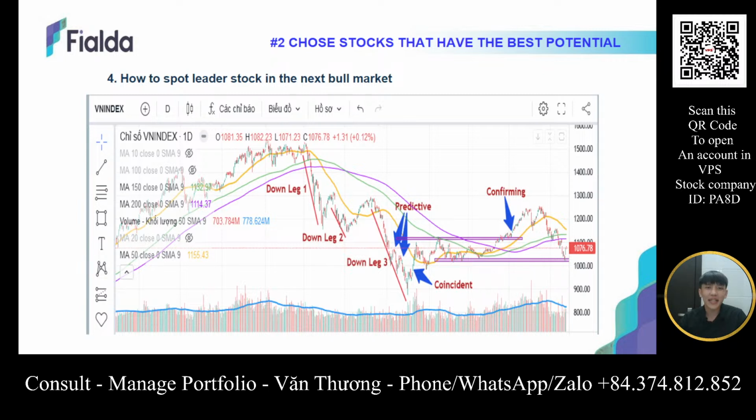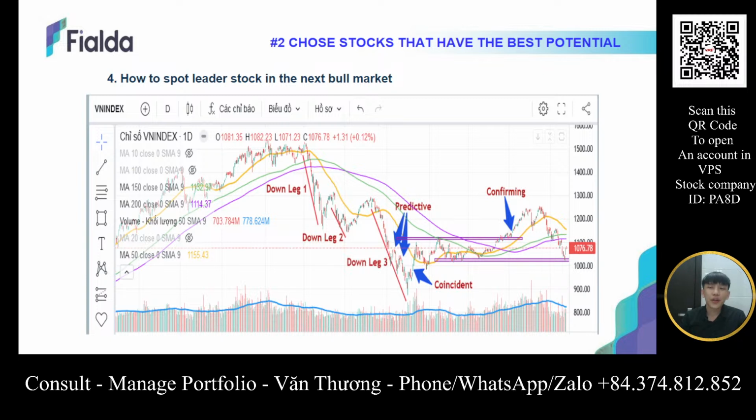Today I'm going to share with you how to know the general market bottom, and how to spot the new leader stocks in the new bull market or after a market correction. Because I think this topic is very critical and significant for traders, speculators, and investors as well.